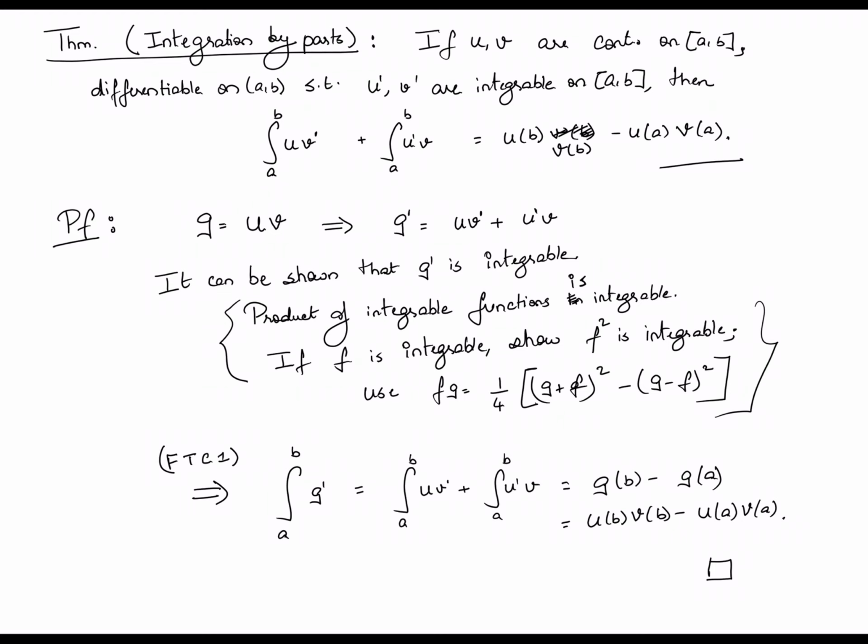Okay, so before we move further, maybe it's worth doing one example applying the integration by parts statement that we have just written. Suppose I wanted to evaluate the following integral: the integral from 0 to pi of x cos x. Okay, now how do I go about doing this?